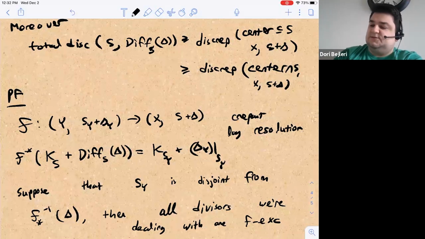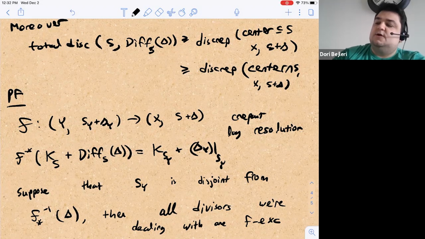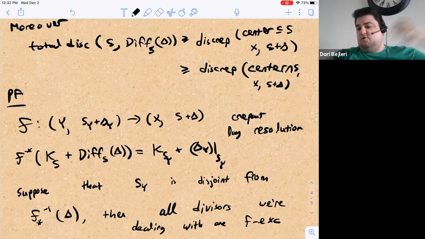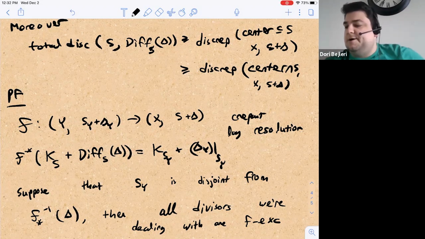And so that's why in these inequalities, we have the total discrepancy on S, because we need to consider divisors that are not necessarily exceptional, is greater than or equal to the regular discrepancy on X, because we've blown up, so we've separated out all of the non-exceptional divisors and are now only looking at exceptionals.